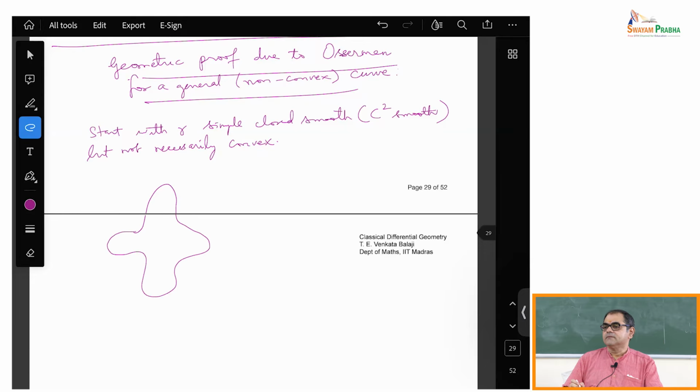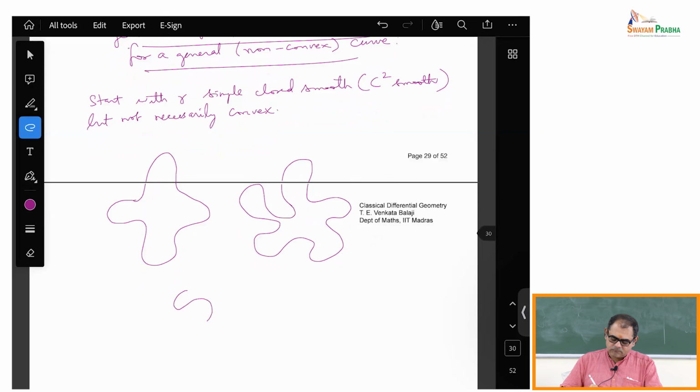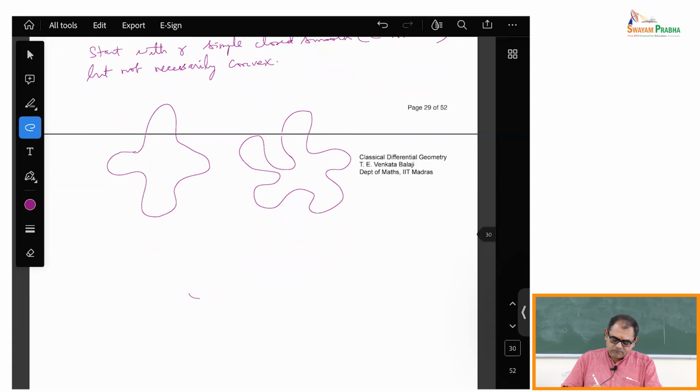A curve might look like this, or it might look even more complicated, or even like this. So let me draw some. You can have a curve like this, and these are all non-convex curves.